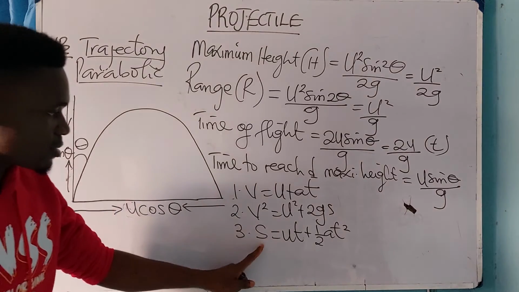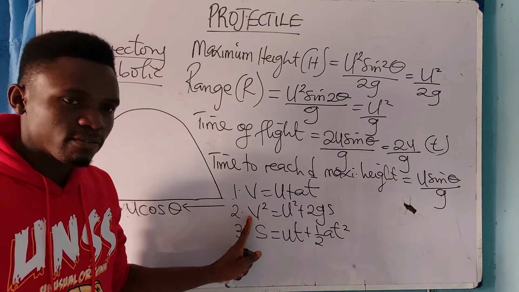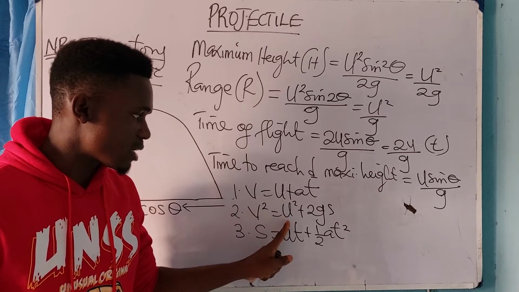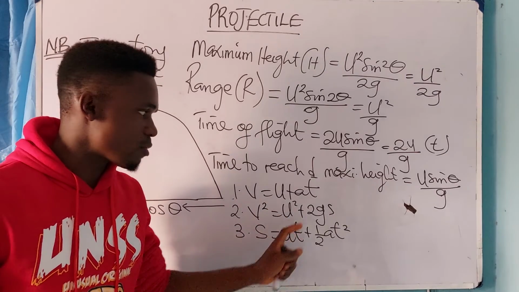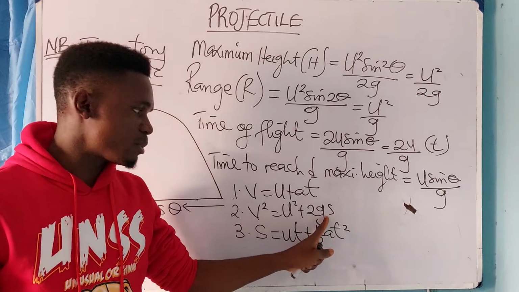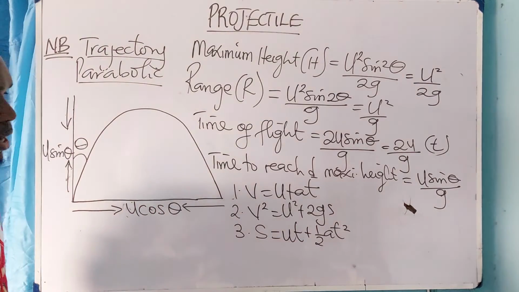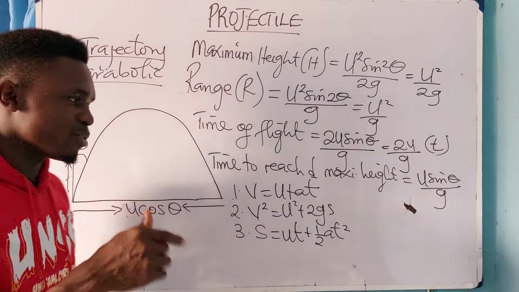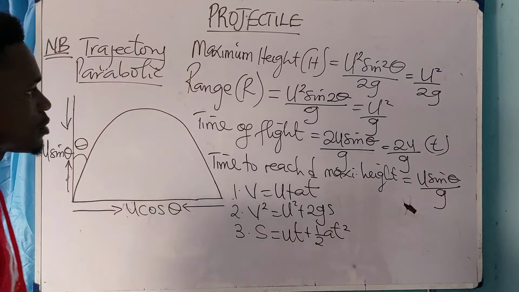Here s is distance, v is final velocity, u is initial velocity, and t is the time. This g is gravity, which is 10 meters per second squared, or sometimes they give it as 9.8 meters per second squared.